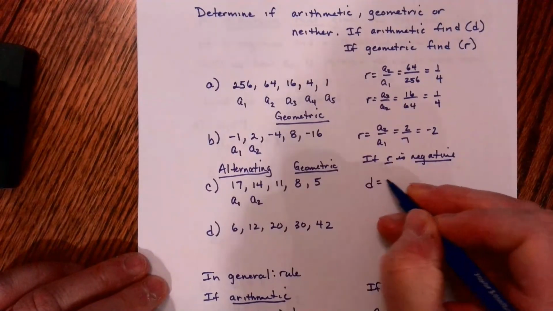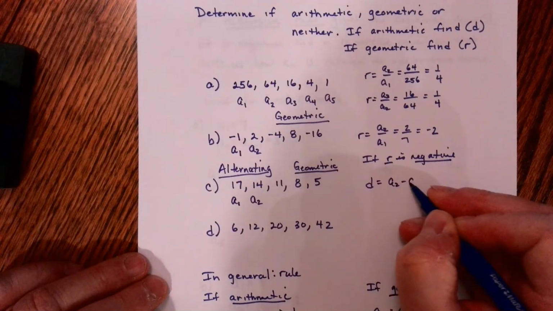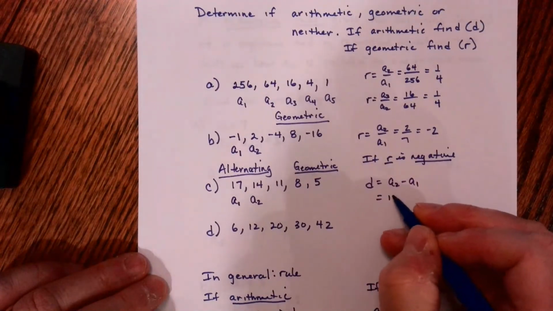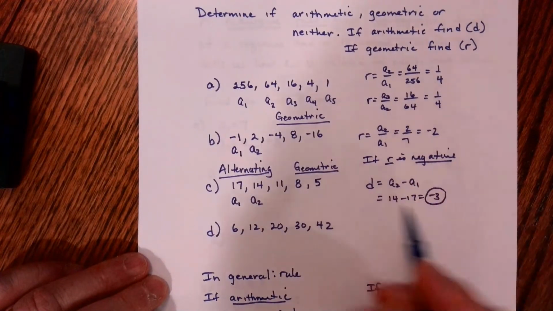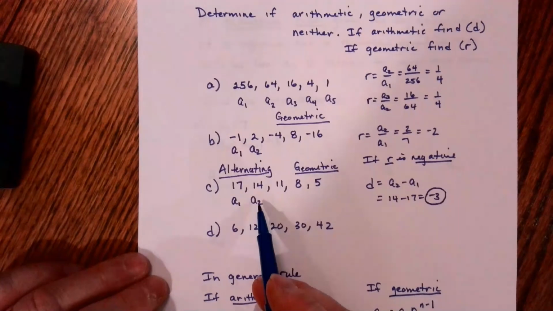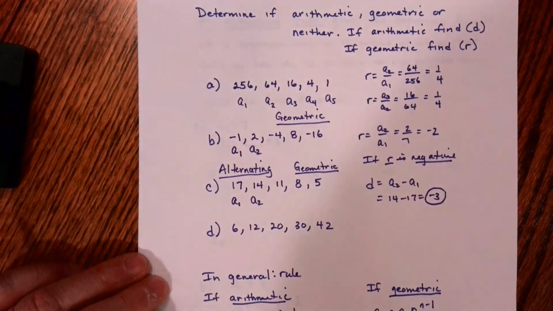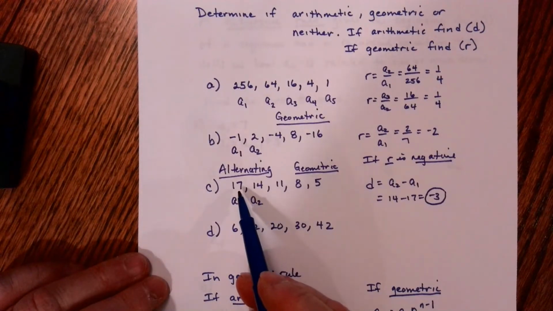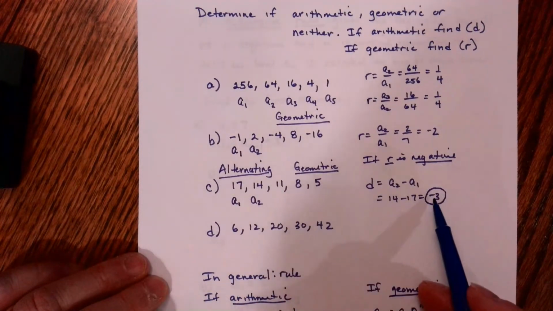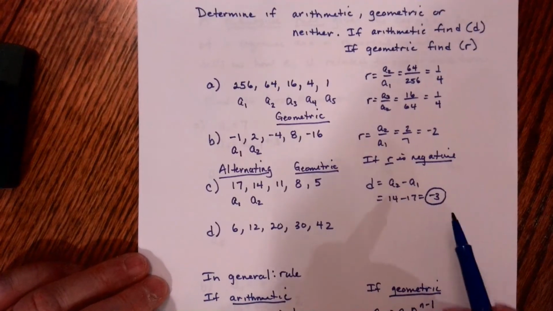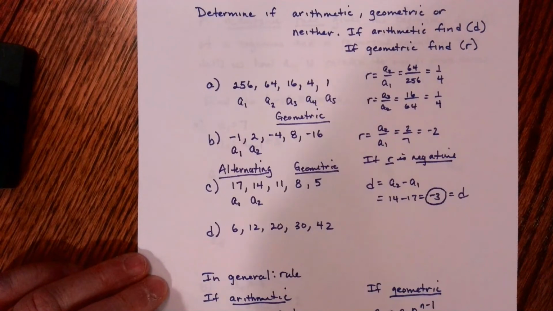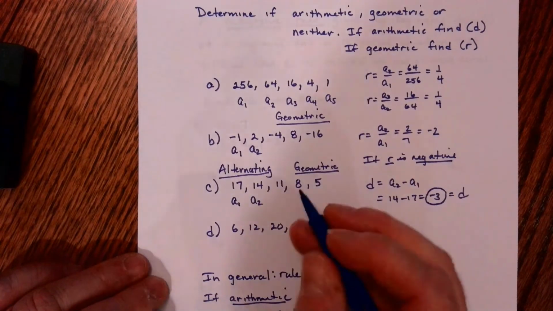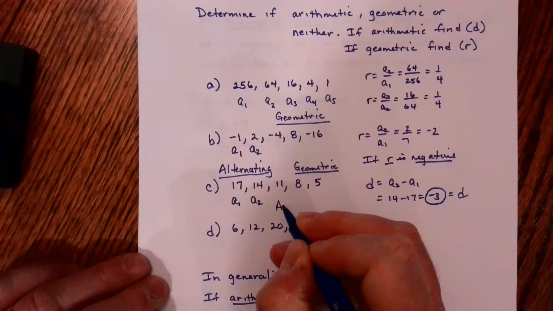When I find the common difference, I end up with 14 minus 17, which is -3. This is why I was telling you earlier to be careful about how you add and subtract and how you divide. And it's easy to see that in fact this is decreasing by 3, and that's the reason for the negative. So since this has a common difference of -3, we would say that this is an arithmetic sequence.